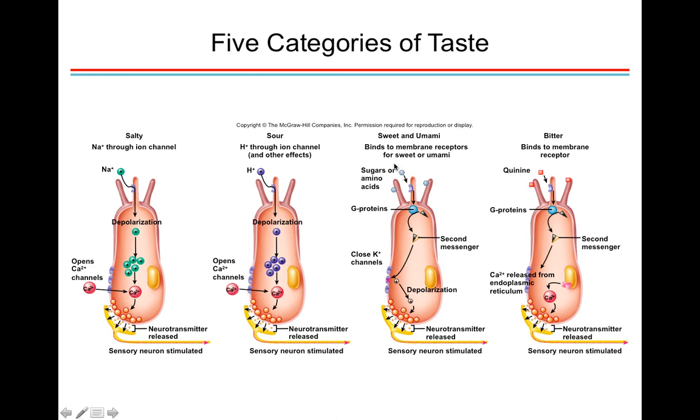In the cases of sweet and umami, which detect sugar or amino acids, umami for detecting amino acids, sweet for detecting sugars, they are going to enter the cell using a channel with facilitated diffusion.